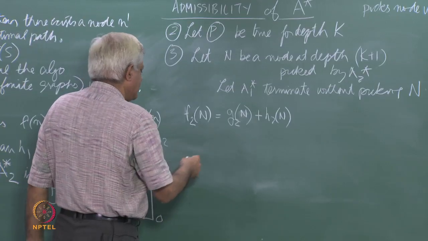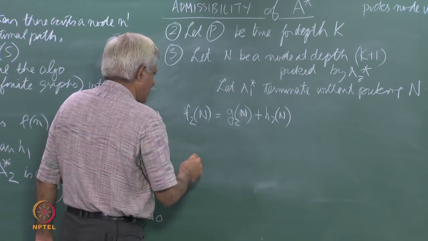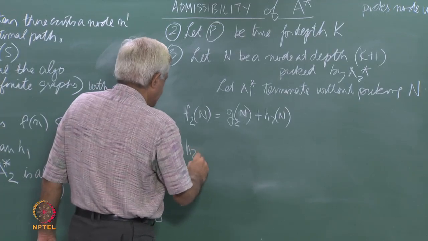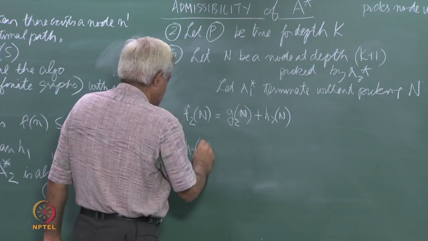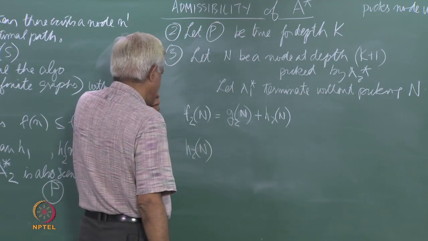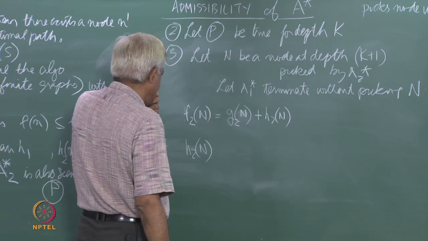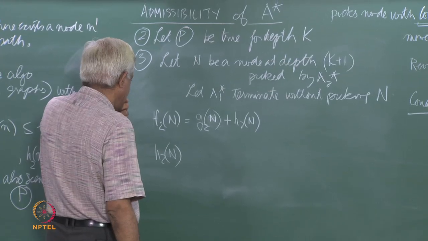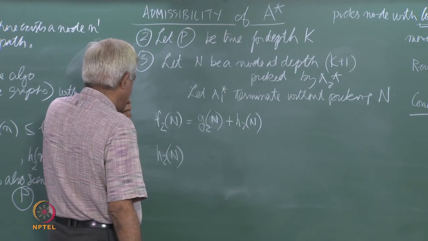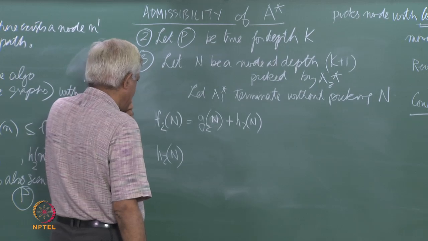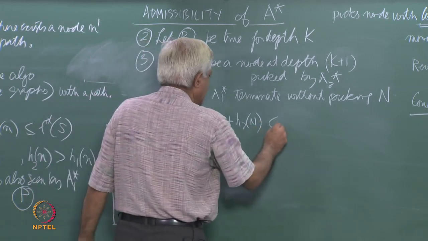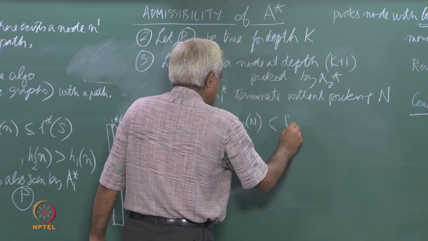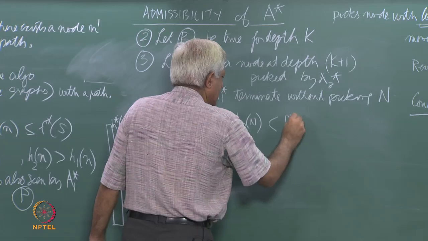So, we can rewrite this as h2 of n, and this is less than f star of s.